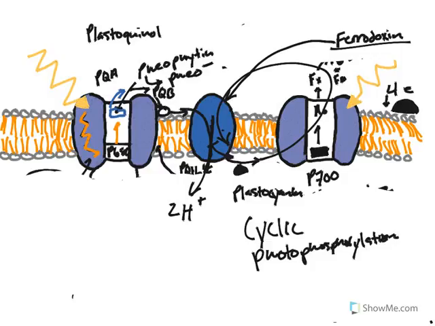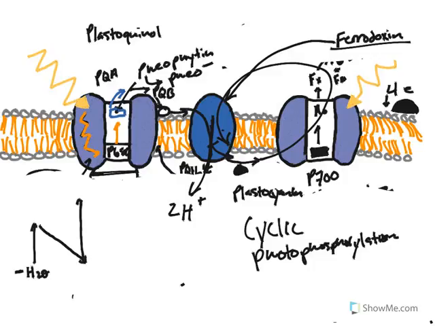So one last thing to note is when we are doing linear photophosphorylation, we are, at photosystem 2, raising our electrons to a higher energy state than water. So this is water's state for electrons. We're raising it up to a mid-level. And as our electrons travel through cytochrome b6f, just like an electron transport chain, they're going to be losing energy. So when they get to P700, they're going to be in a very low energy form.